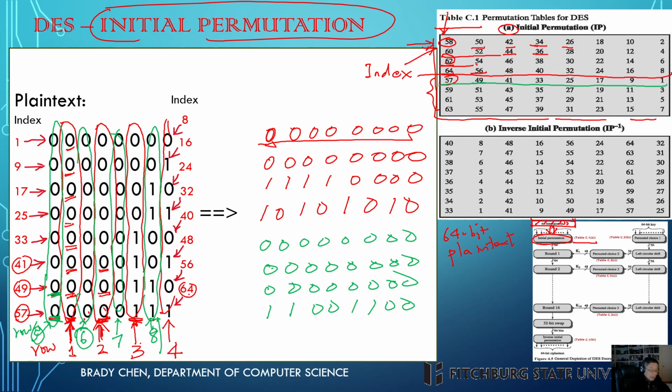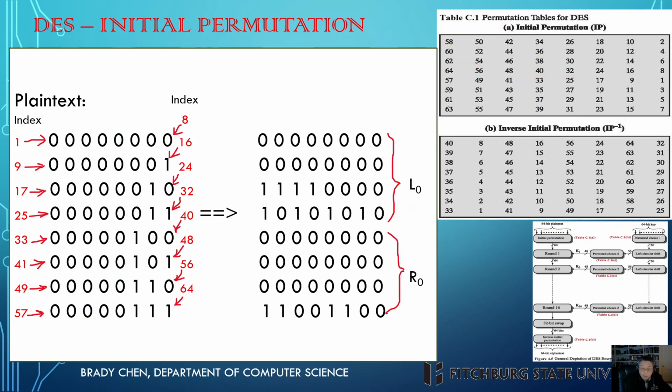So that's the 64-bit after the initial permutation. Okay, so here's the 64 bits after the initial permutation.